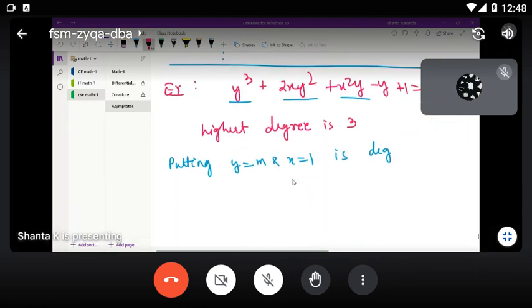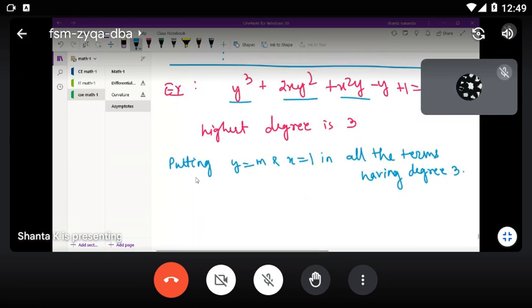So that's what I'm writing here: put y equals m and x equals 1 in all the terms having degree 3. Got it?